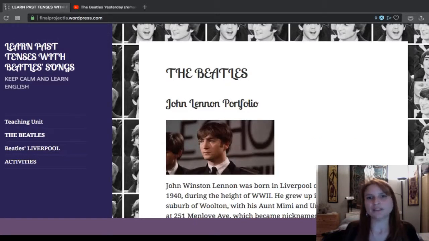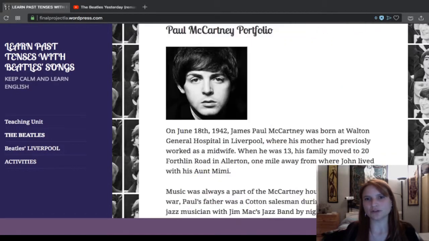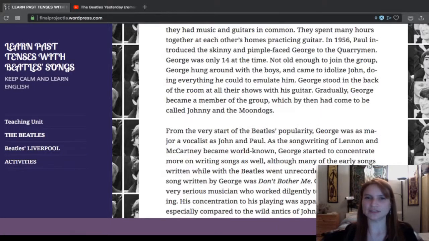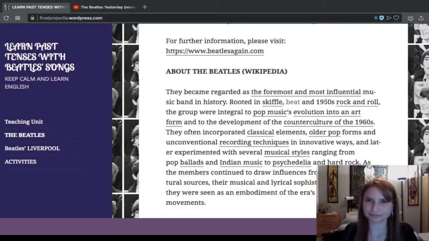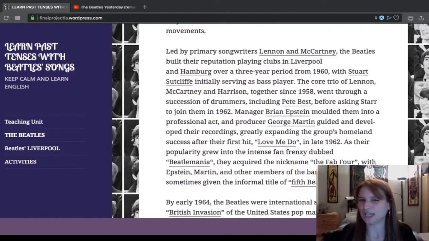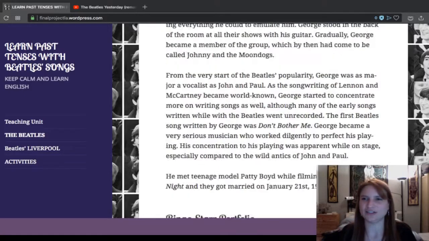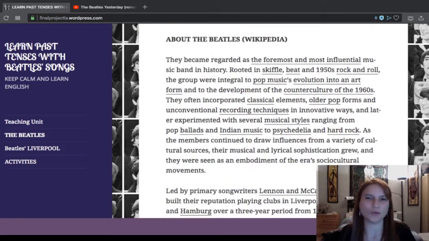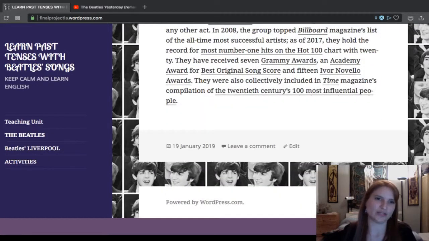For each one of them we can find a portfolio, with a little bit of their lives, a little bit of curiosities, a little bit of what Beatlemania is, how they changed music in history, and the reasons why they are extremely important for music and for English history.